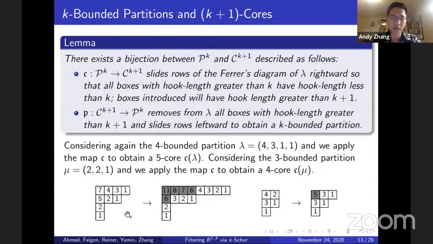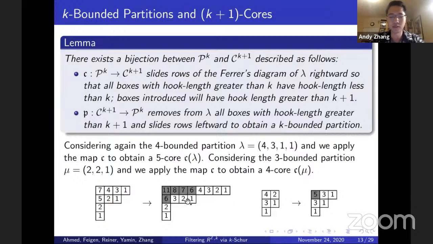I will illustrate it by showing 2 examples. If you start with the 4-bounded partition lambda, the same example I used previously, 4311, we're trying to turn it into a 5-core. A 5-core means that it has no box with hook length 5. So we look at it from bottom to top, and the algorithm goes like this. If you see a hook length that is greater than or equal to k, then you slide the entire row to the right.